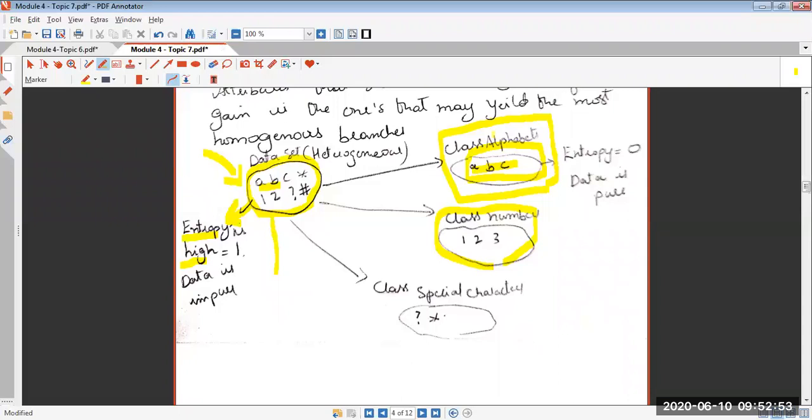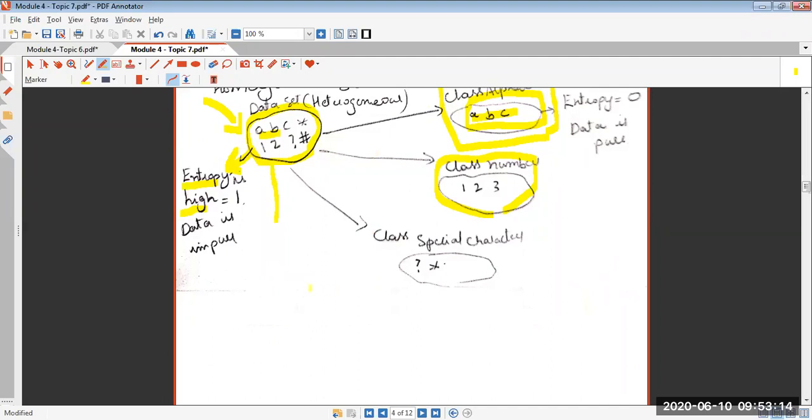So the bottom line here is data with its attributes will help us decide on the class. So the deciding factor here is attributes. If you want to reduce the entropy and move from the data set to the class, attributes are the key players here.